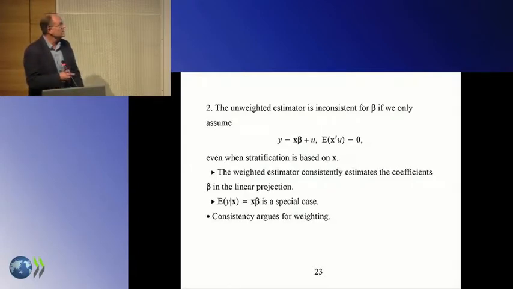So the weighted estimator has this kind of doubly robust property. It works when the conditional mean is correctly specified, and it still gives you consistency when the conditional mean is not correctly specified. And so for consistency, if you want to make sure you're always estimating something about the population, and that something is the linear projection, then you should use the weights.